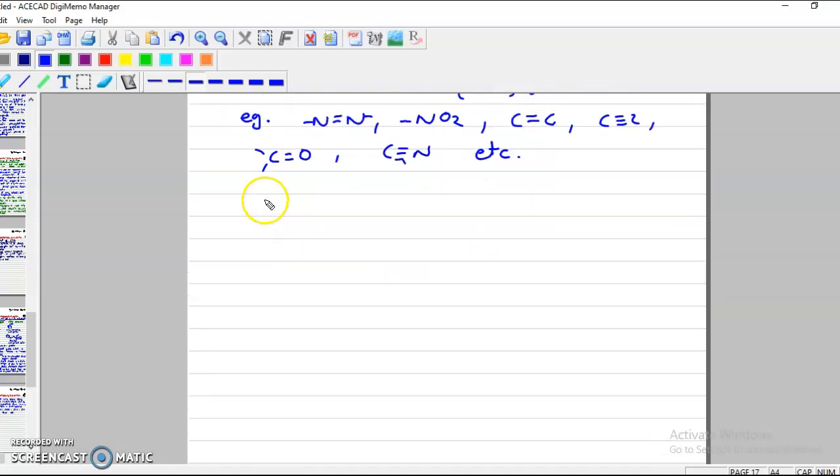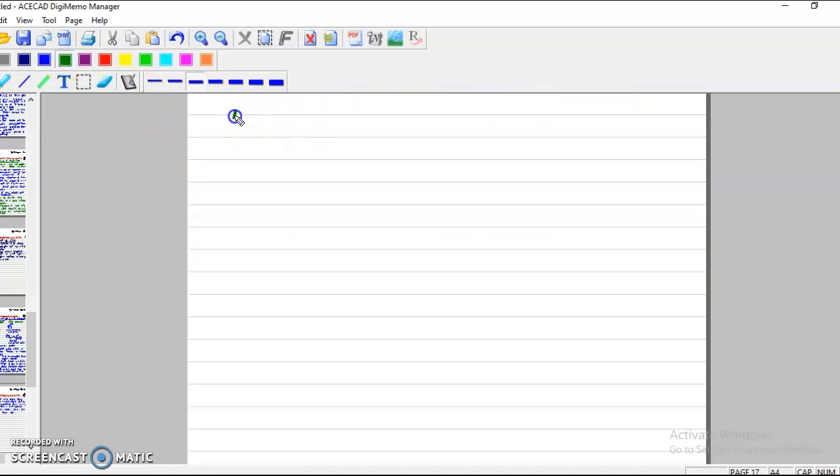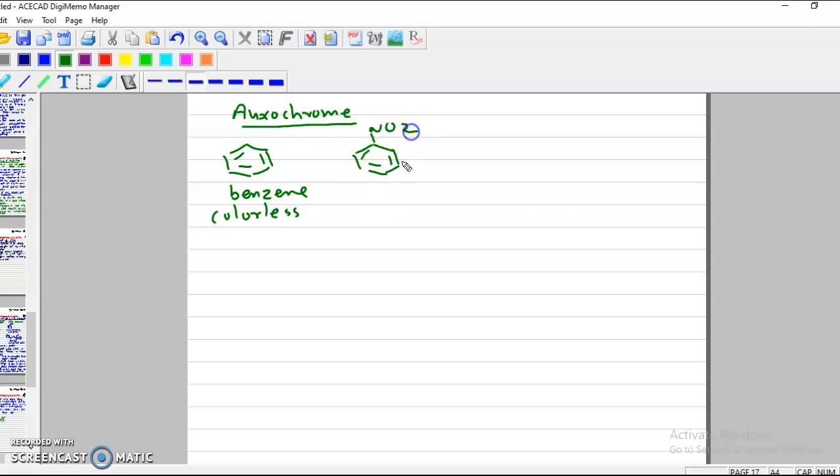Now the next part is auxochrome. What is auxochrome? Let us see this one. If you see benzene, it is colorless. Nitrobenzene is pale yellow.